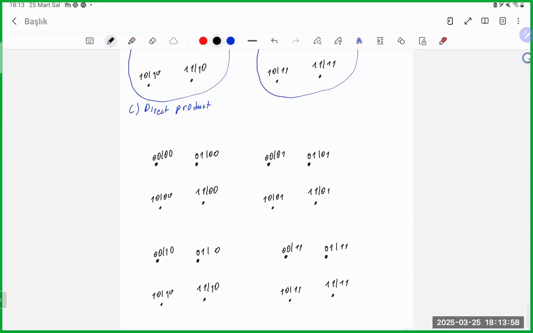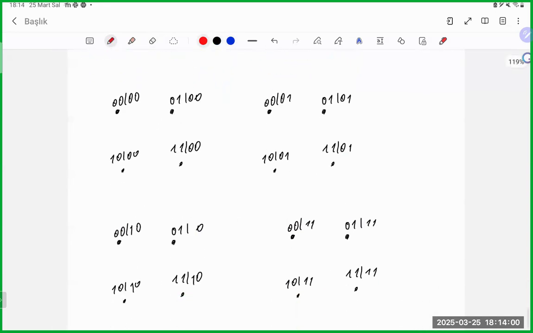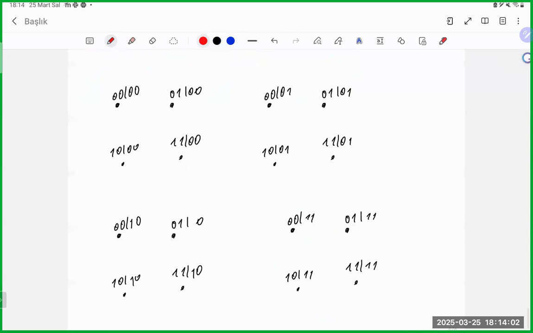Now we will take Bob's measurement choice depending on the Alice outcome. Let's say that Bob measures his zeroth measurement if Alice measures zero, and he measures the one measurement if Alice measures one.